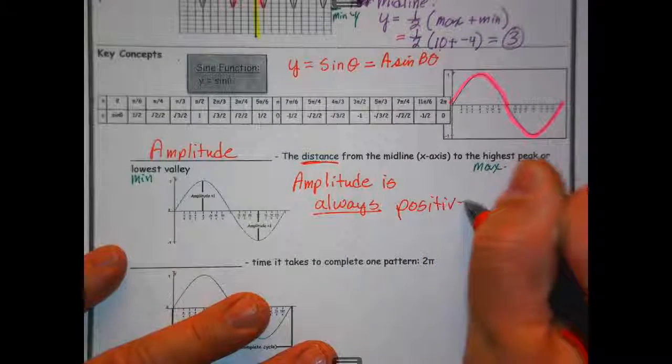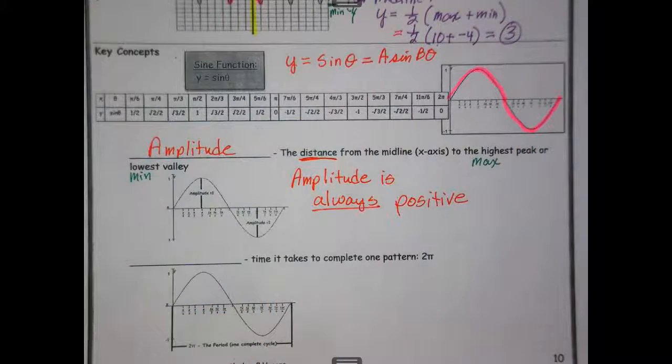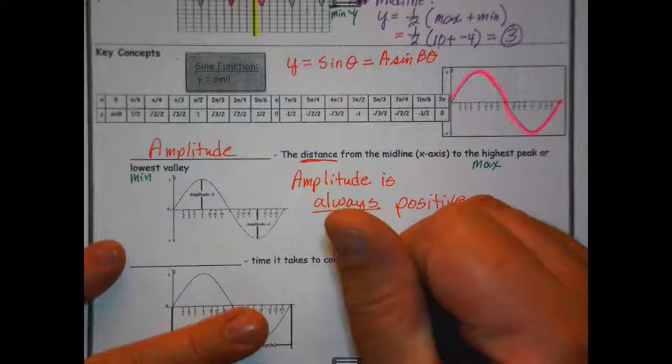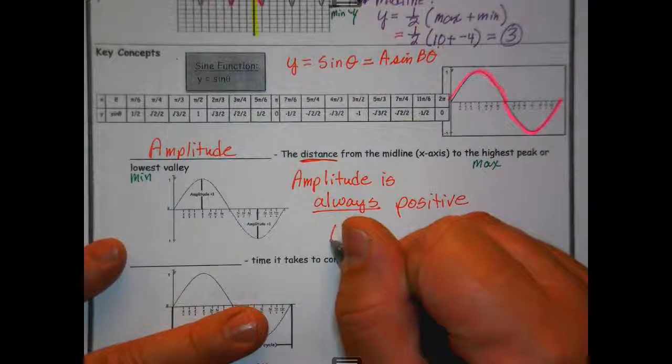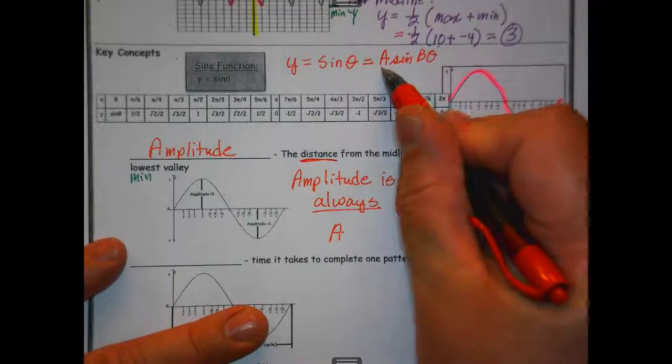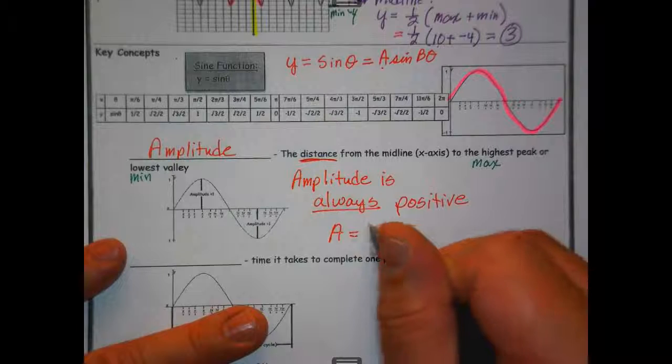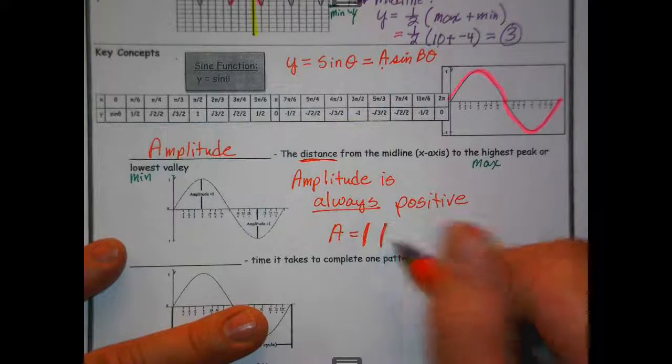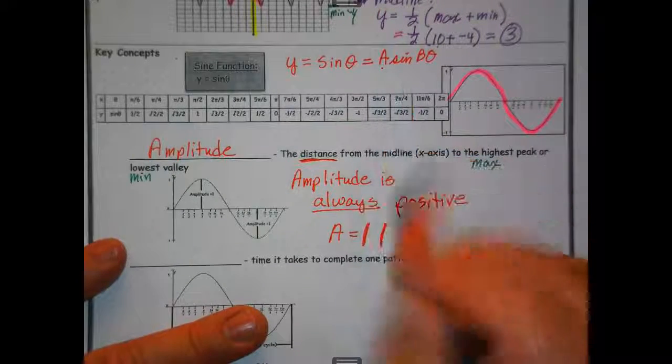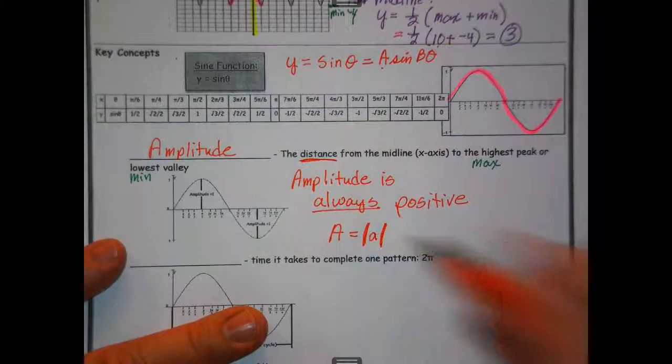Okay. How do I represent a number to make sure that it's positive? That's right. I'm going to put it in absolute value bars. So the amplitude is going to equal the absolute value of the number A that's there.